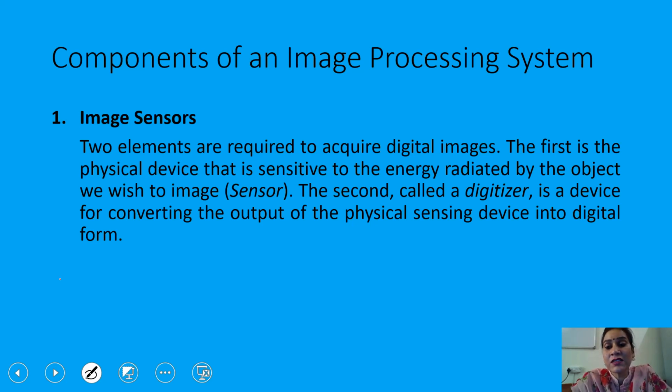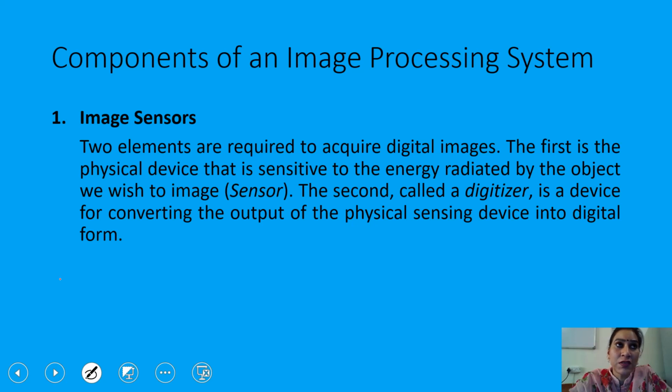The second one is the digitizer. Digitizer is basically the combination of sampling and quantization. The process of sampling and quantization is called digitization, and the component is called the digitizer, which converts the analog image into the digital output.